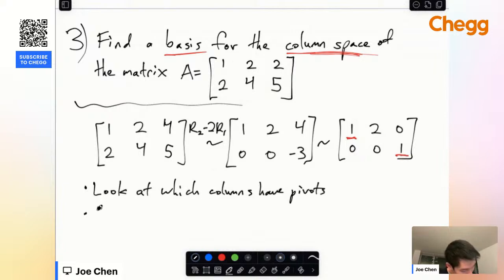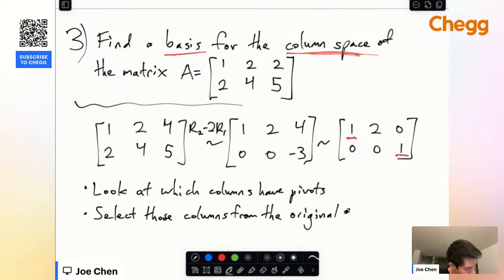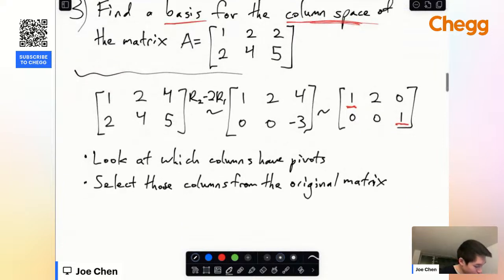And then we select those columns from the original matrix. Okay.